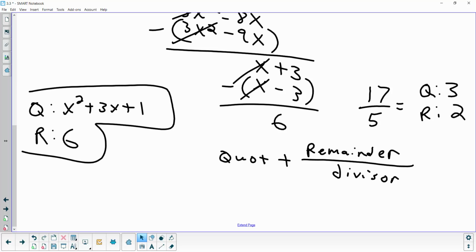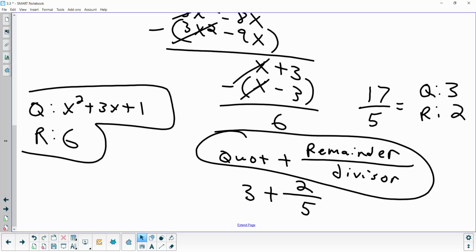And look at how that would work here. Quotient is 3 plus remainder is 2 over divisor is 5. 3 plus 2/5. Or if we wrote that as a mixed number, it's 3 2/5. And that's what 17 divided by 5 is. So you can apply this exact same thing to this problem as well.